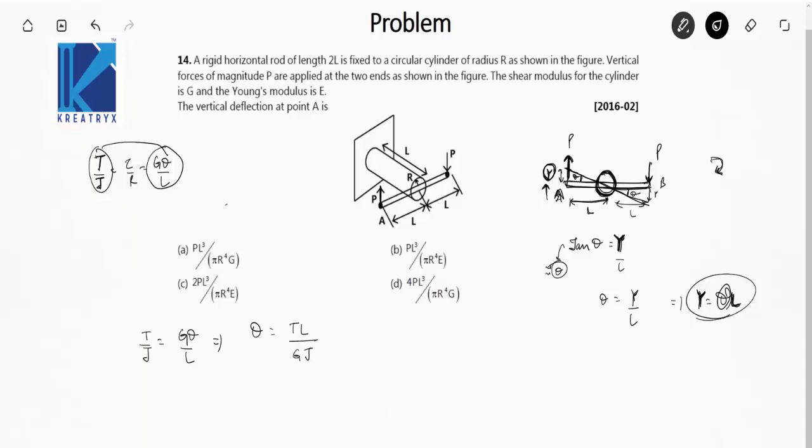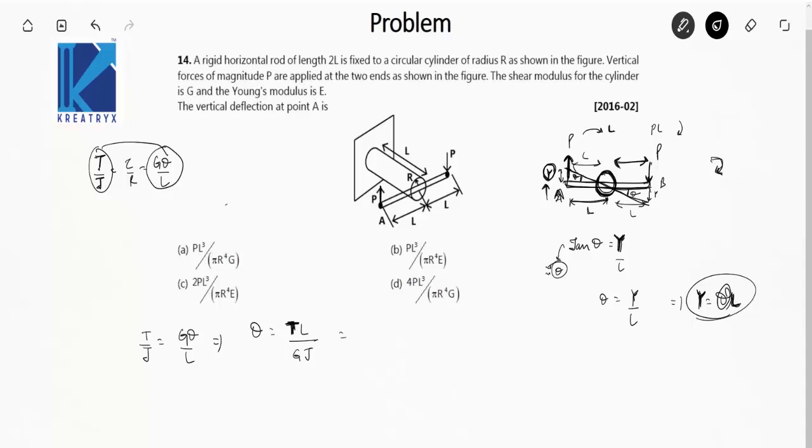Now let me ask you, what is the total torque? It will be 2PL, not PL, because this load is exerting a torque PL in clockwise direction, and this load is also exerting a torque PL in the same clockwise direction. So total torque will be 2PL.